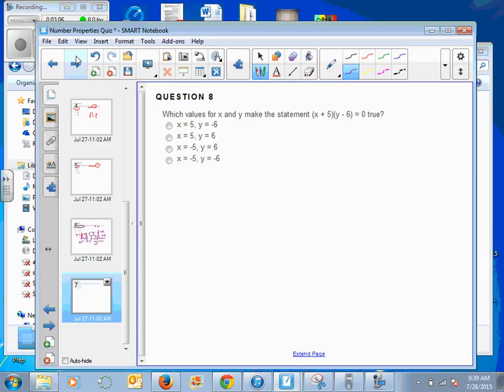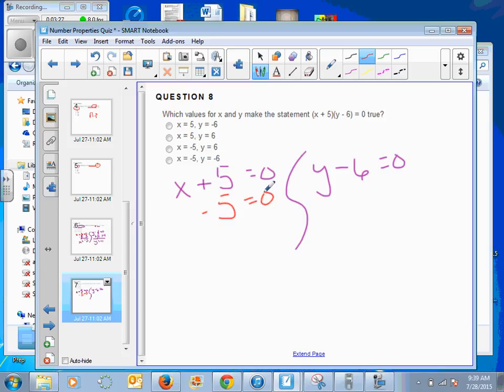So similar situation here. So we have two equations. x plus 5 equals 0, and y minus 6 equals 0. So again, we just go back and we solve each one. Sorry about that.